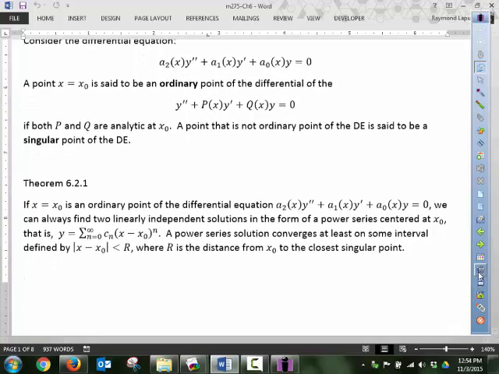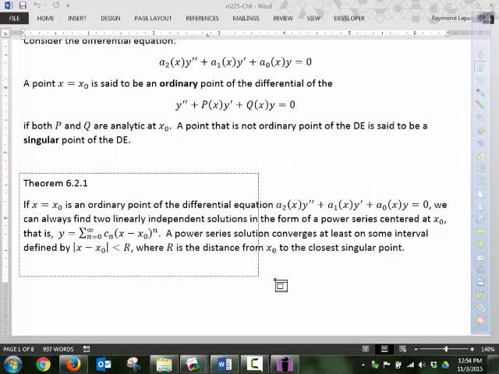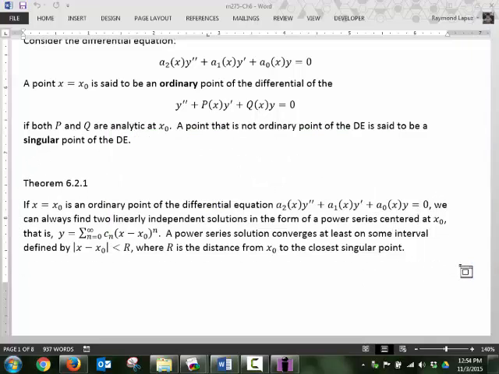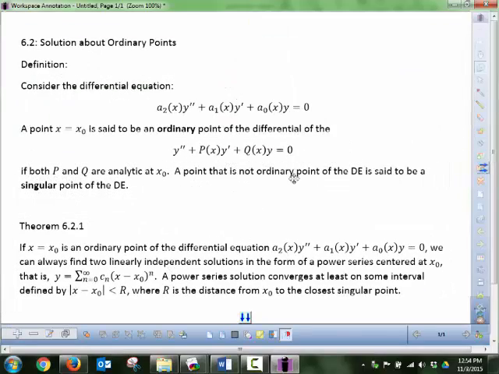So the radius of convergence comes into play now in our next theorem. And the radius of convergence is the same idea behind the radius of convergence that we looked at in Calc 2. If x naught is an ordinary point of the differential equation, then we can always find two linearly independent solutions for the second order differential equation in the form of a power series centered at x sub 0.